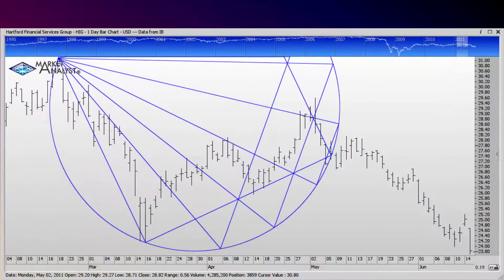So here's an example of the Beck's emblem. We're going from this high over here down to this low. And remember that square that we looked at earlier? See, there's that angle that we identified and how we can find support on that angle. But there's a number of different lines created by the emblem, and we can see that this line here is really important for us.